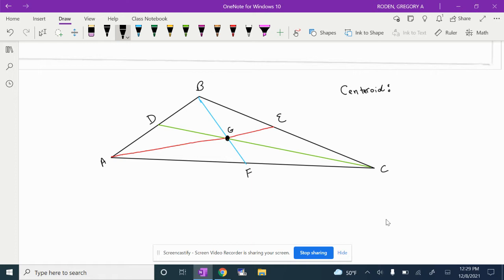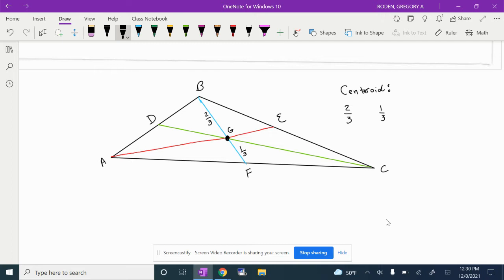First of all, we've got the 2/3, 1/3 rule. 2/3 of the length of the median is between the angle and the centroid, and 1/3 is between the centroid and the other side.